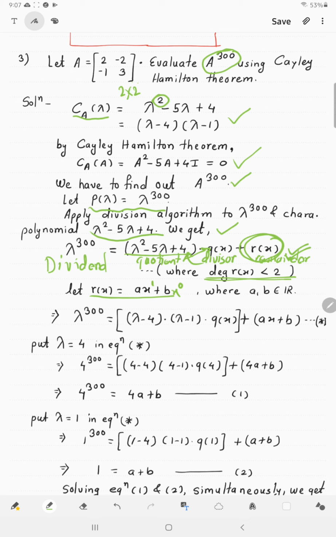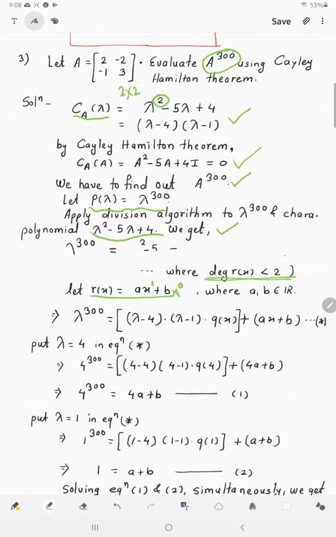Now let R of x be ax plus b. Now again, I will write this as dividend, quotient, divisor and remainder.